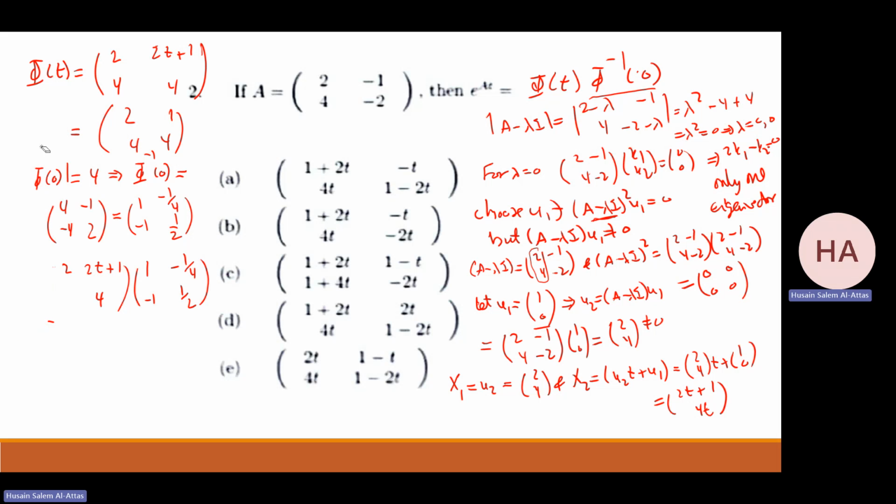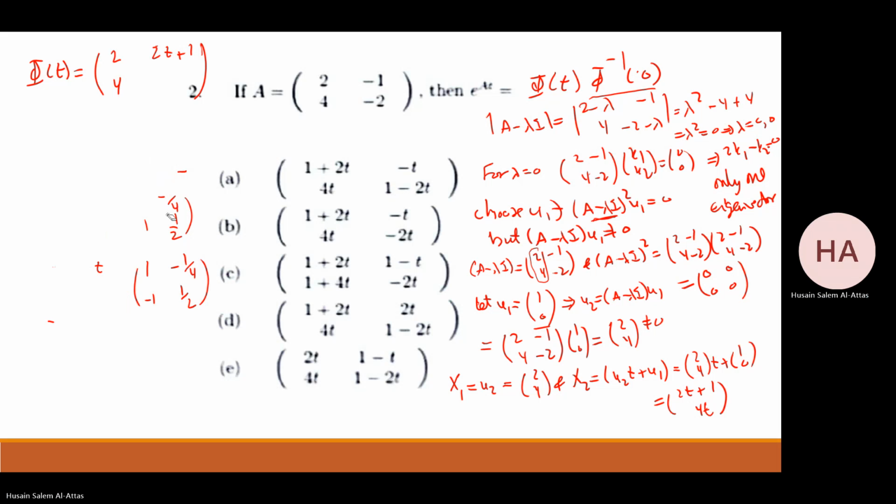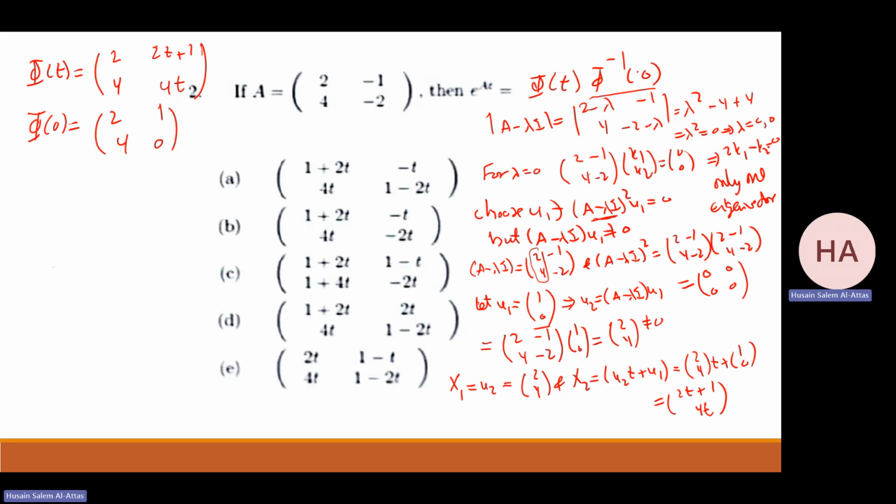Yeah, this is the last question for this group. Yes, I need to be sure about the calculation. There is nothing here to worry about. That will be 4, 0. So phi at 0 will be 2, 1, 4, 0. Okay. So the determinant of phi at 0 will be minus 4.